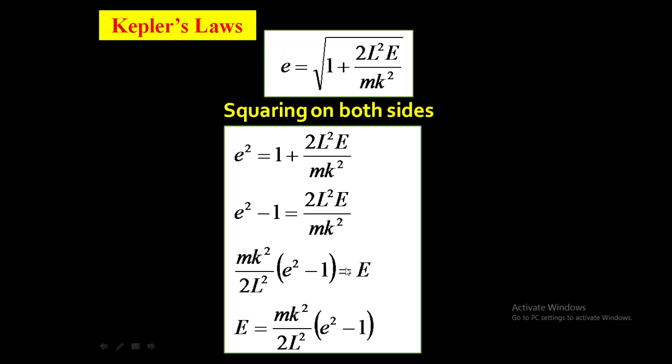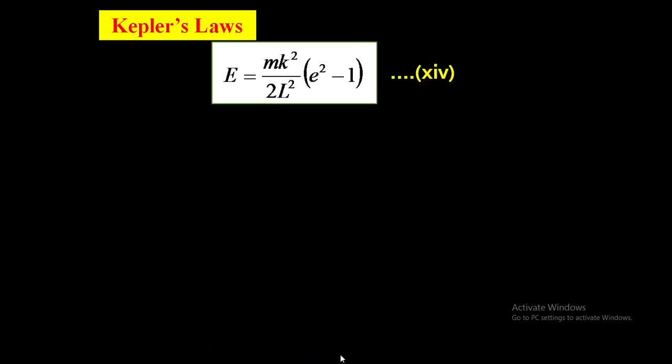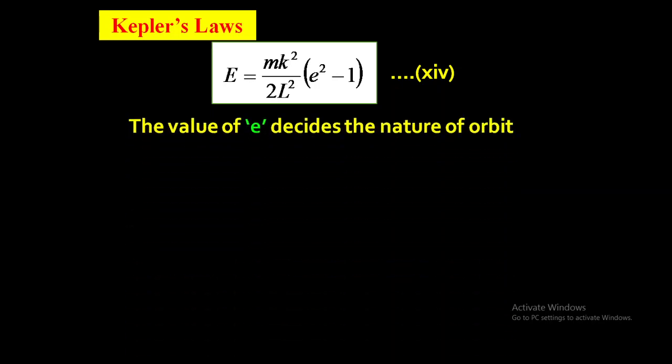And I calculate E from here, bringing twice L square to the left-hand side, so we get E is equal to mk square by twice L square, in the bracket e square minus 1. This is equation number 14. Okay, we now have equation number 14: E is equal to mk square upon twice L square times e square minus 1.